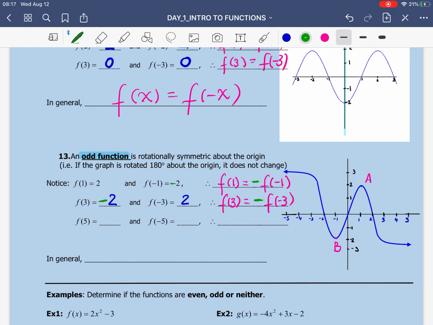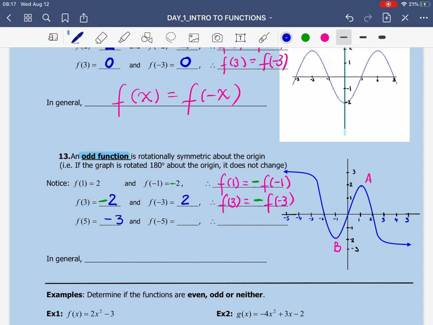And at x equals 5, we have the value of y around negative 3, as you can see. And at negative 5, we have positive 3. So we're going to say that f of 5 is negative 3.